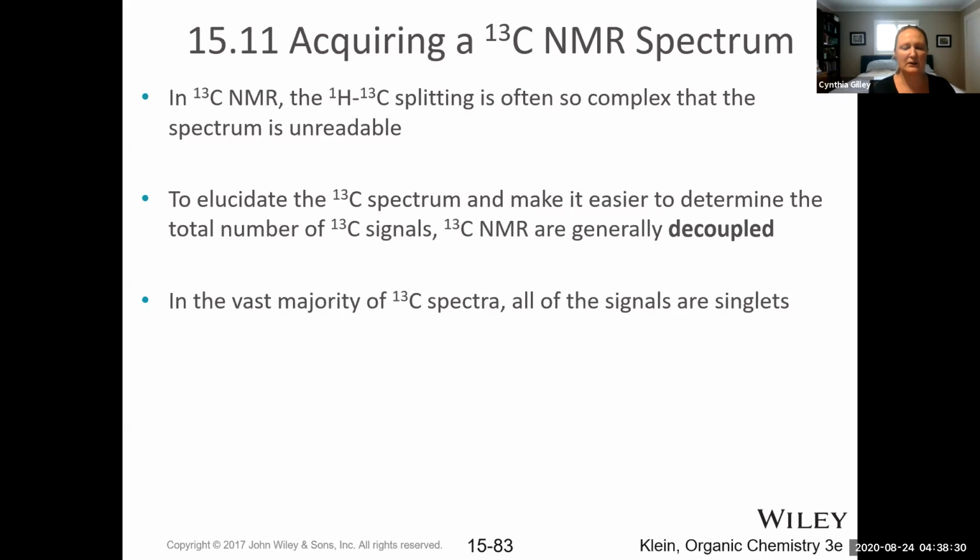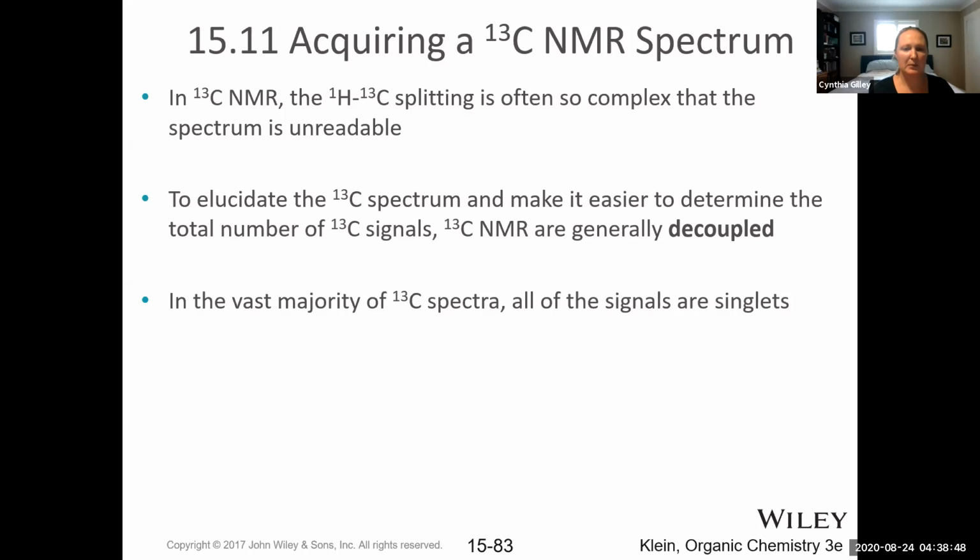Remember that the carbon signals are already weak, right? So splitting an already tiny signal into multiple peaks is bad. It means that we'll almost never see the signal. It'll just completely mix in with the noise.